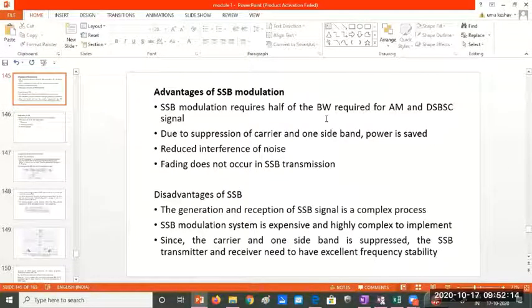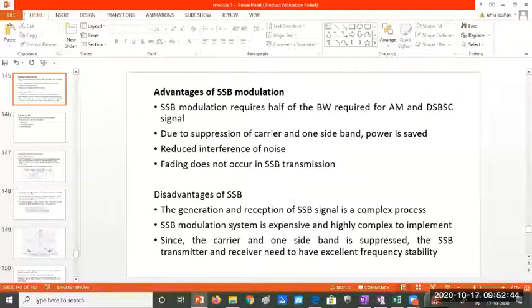So usually we speak of additive noise. But fading happens in many different cases, so generally there will be fading effects also, as well as additive noise. In mobile communication, satellite, everywhere fading will also happen. And this fading is minimum in SSB. That's one advantage.